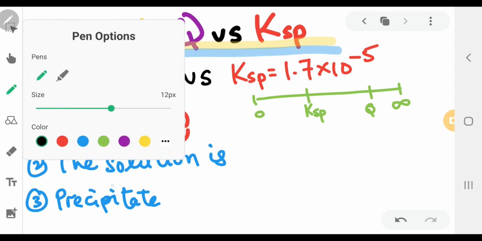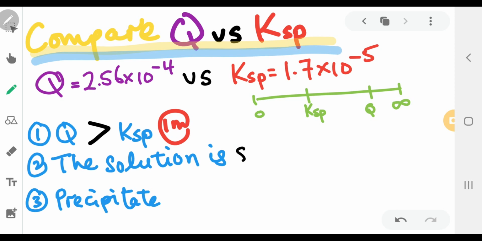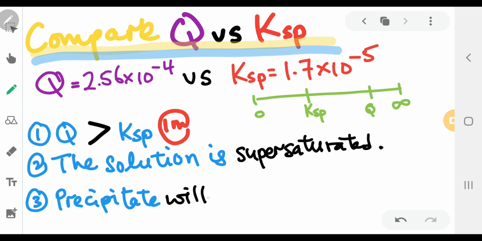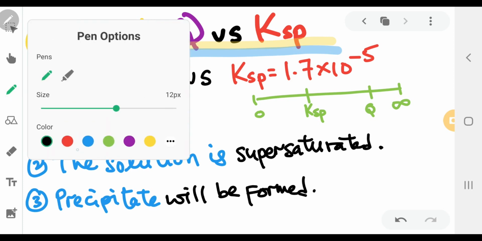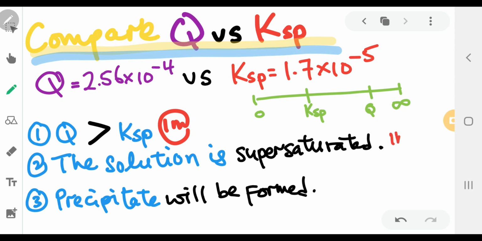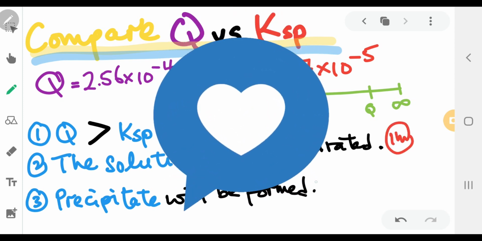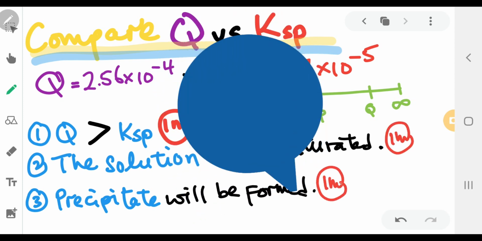Therefore, the solution is supersaturated and precipitate will surely form. You will get 1 mark for this and 1 mark for that.